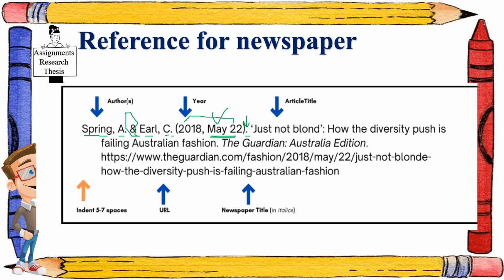This is the name of the article, this whole part till here, then a full stop, and then there is no journal; this is the name of the newspaper in italic. So here is the difference. This is the name of a newspaper in italic, and then there is a full stop.